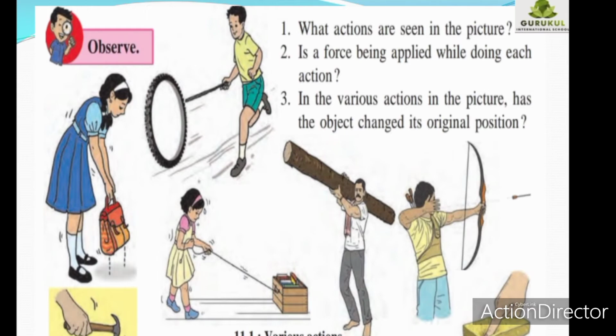In the various actions in the pictures, has the object changed its original position? What can you see, children, whether they have changed their position? In the first picture of a boy playing with the tire, the girl who is lifting a bag, the girl who is pulling a box, the person who is lifting a log, even the arrow, in all these cases, you can see that these objects have changed their position.